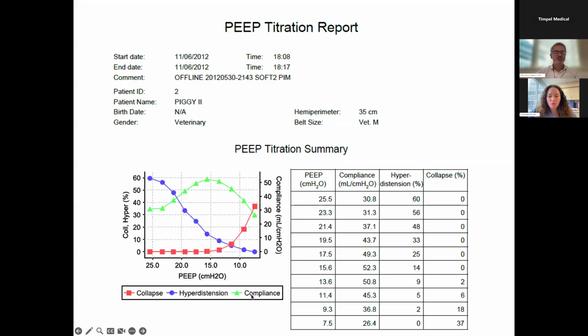This is the PDF summary that you can download and attach to the medical record after the maneuver is over. Right here you see that there's a crossing point roughly around here. You can see it in a tabular format as well, with compliance and overdistension, and you can see on the next page where the two of them coincide.